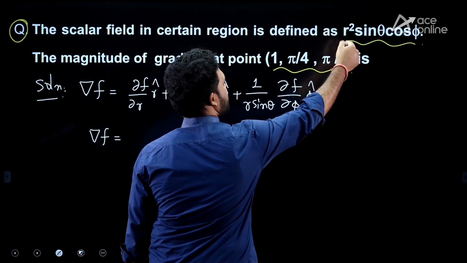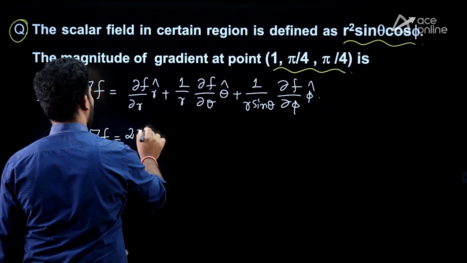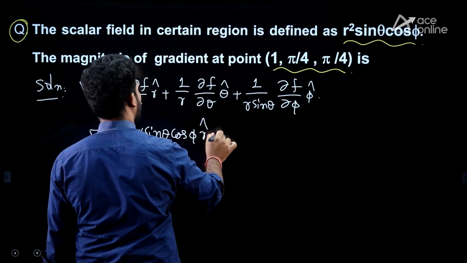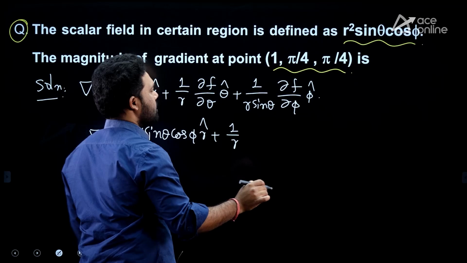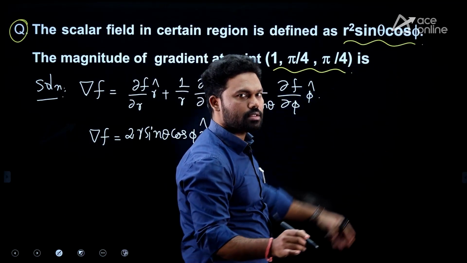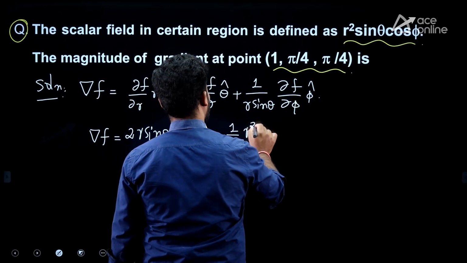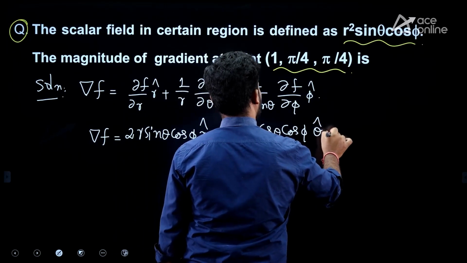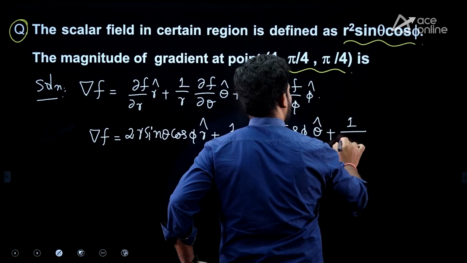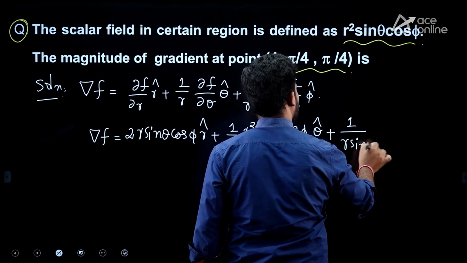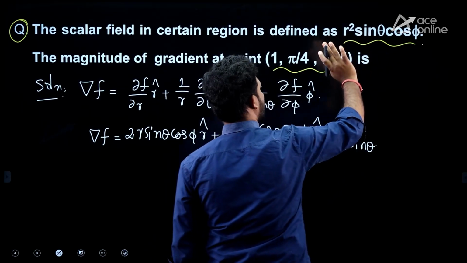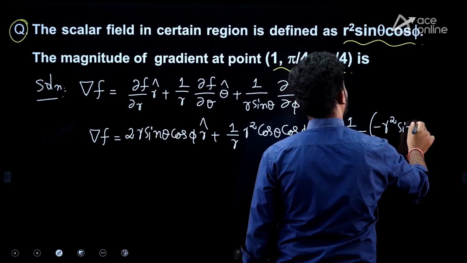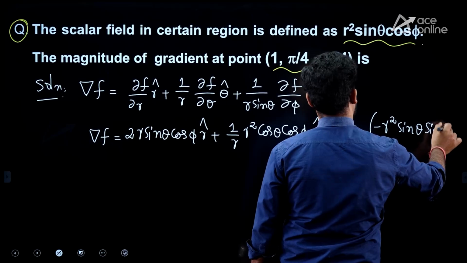Differentiation of this one with respect to r, so it is 2r sin theta cos phi r cap, plus differentiation of this one with respect to theta. Yes, so it is r square cos theta cos phi theta cap, plus 1 by r sin theta, differentiation of this one with respect to phi, which is minus r square sin theta sin phi phi cap.